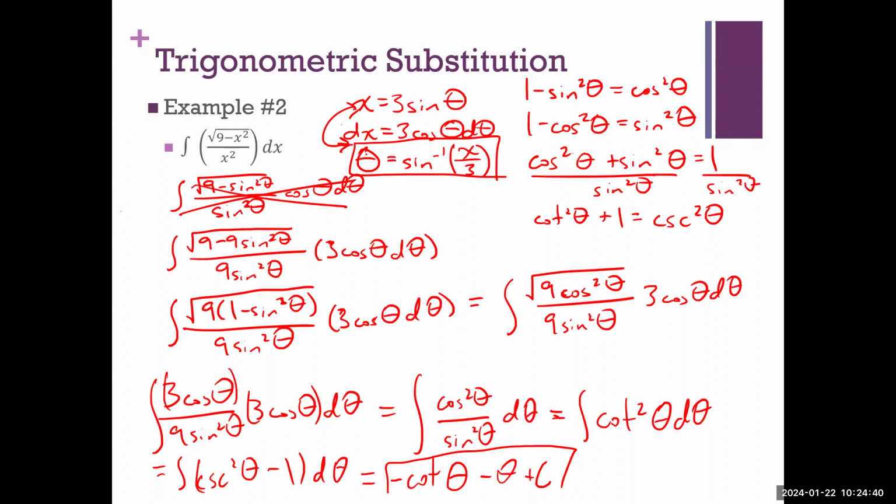So negative cotangent of the inverse sine of x over 3 minus the inverse sine of x over 3 plus c.